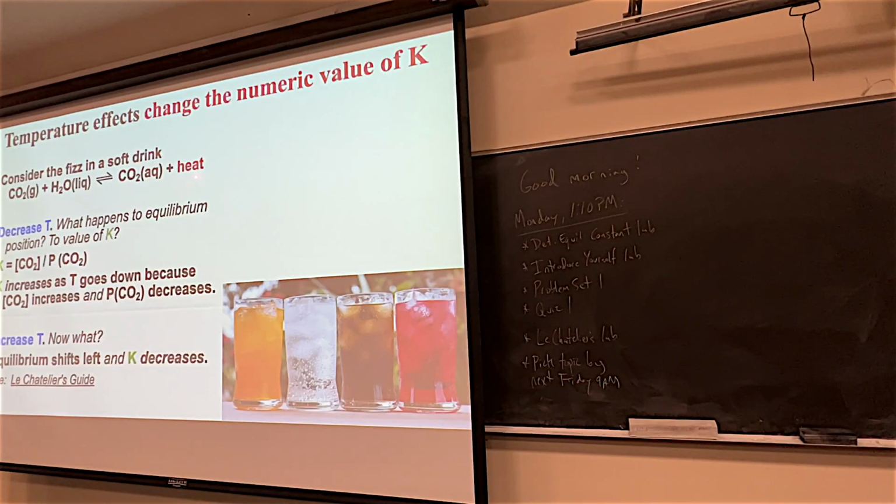You add heat, add the temperature, it makes the reaction get warm, and it tries to get away from what you're adding. So in this case, the CO2 that's dissolved is now all of a sudden going to become free CO2, a lot more of it, as you shift to the reactant side. Shifting to the reactant side means K gets smaller. Pretty cool.